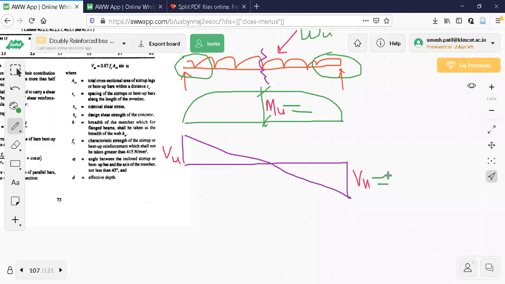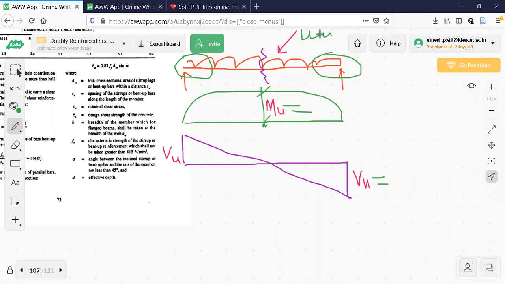Now what I should do here? What is the formula for VU now? Anybody can tell this one? In terms of W, what should I write? What is VU equal to? What is the reaction here?